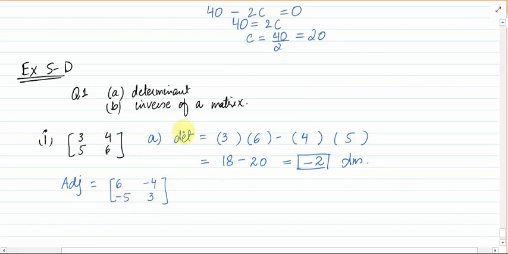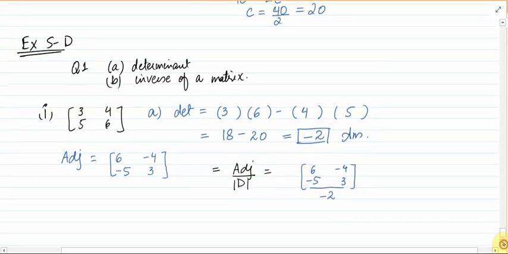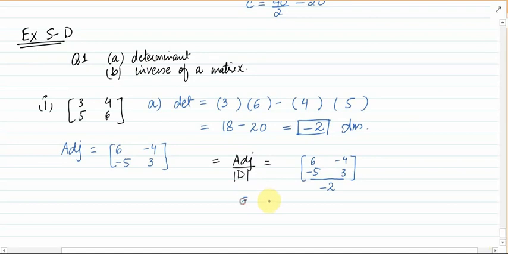Now the final answer of A inverse, or the inverse of the matrix. You know that for the inverse, first you write the adjoint and then the determinant, right? So the adjoint value is [6, -4; -5, 3] divided by the determinant, which is negative 2, right? Now you can write it in two forms.